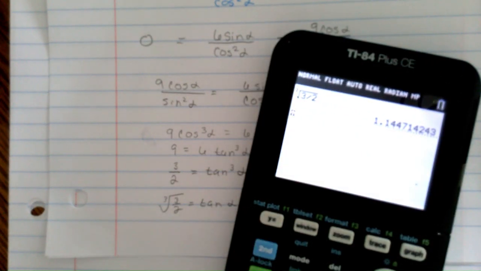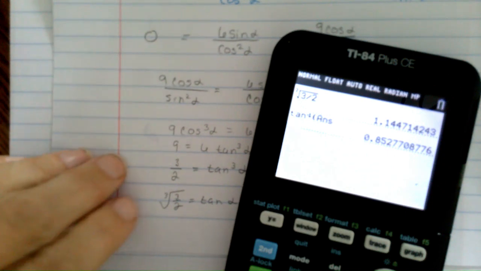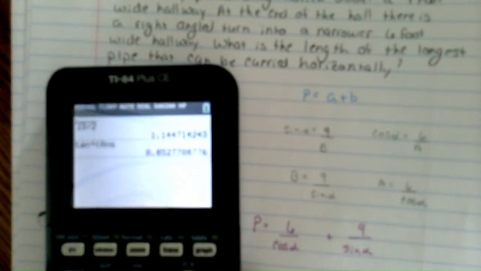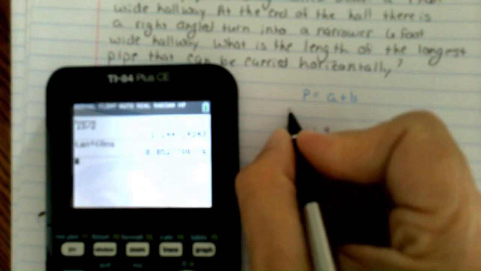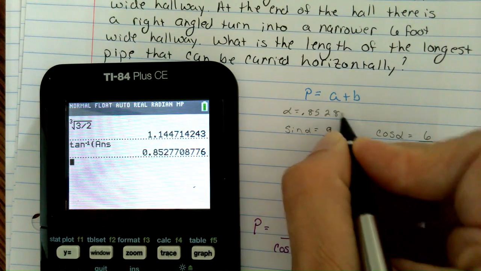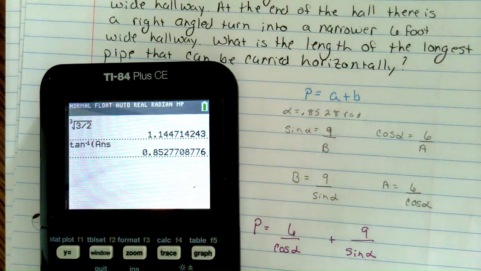We're going to do inverse tangent. And I'm in radians, so 0.85 radians. If you did it in degrees, it's fine, because the answer isn't about my angle. Alpha equals 0.8528 radians, because that's what I'm in.